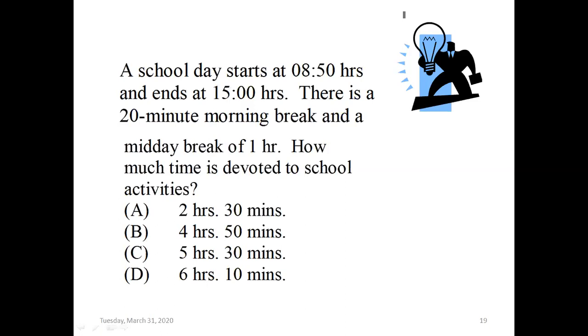What is 1500 hours in regular time? 1500 hours is 3 o'clock, not 3 o'clock? Right, 3 p.m. And 8:50 is 10 minutes to 9, not true? That's how you go. 8:50 is 10 minutes to 9 o'clock in the morning.